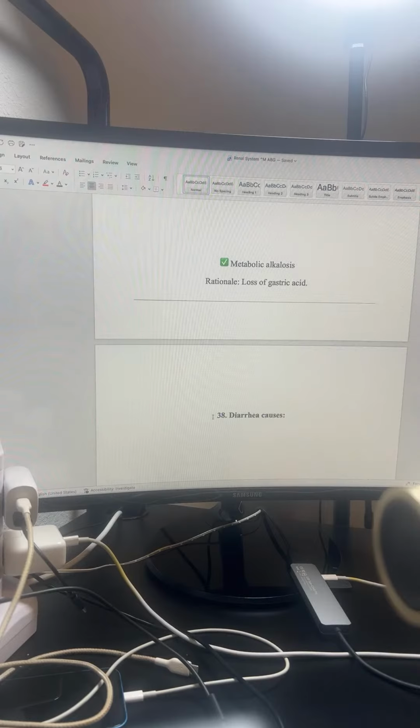All right, diarrhea. Diarrhea causes what acid-base imbalance? Is diarrhea acidosis?